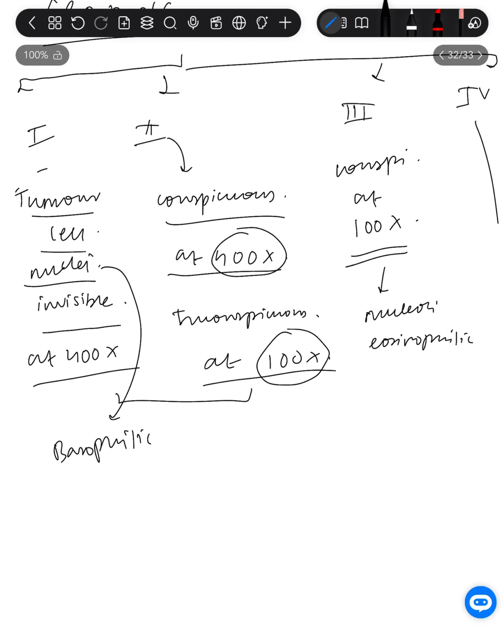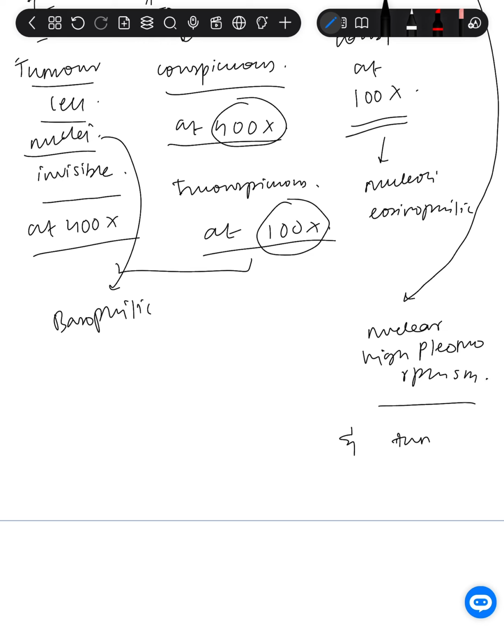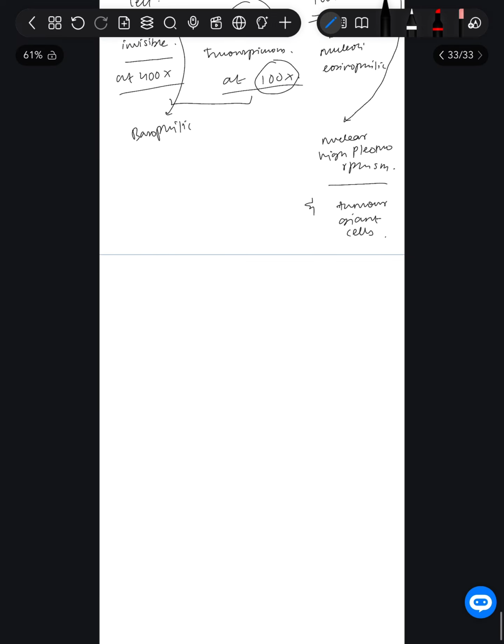When we talk about grade 4, the nucleus shows high pleomorphism and we can see tumor giant cells.